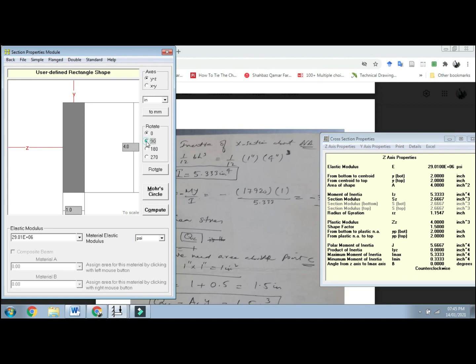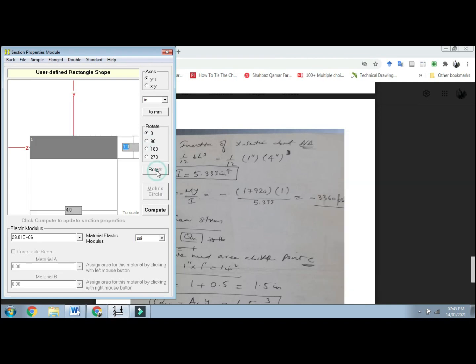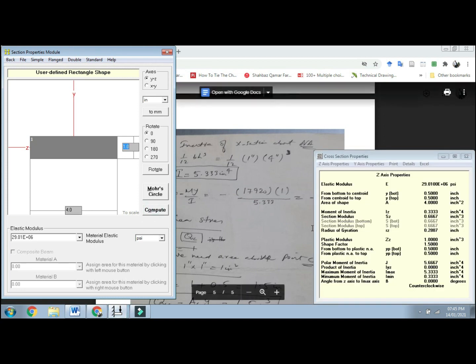Let me compute and you'll see what happens here technically.